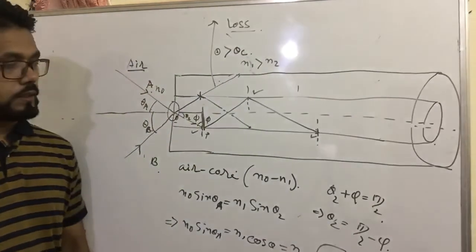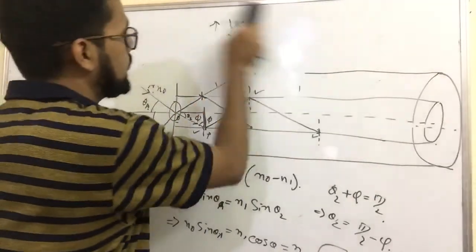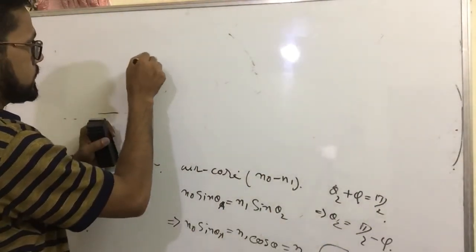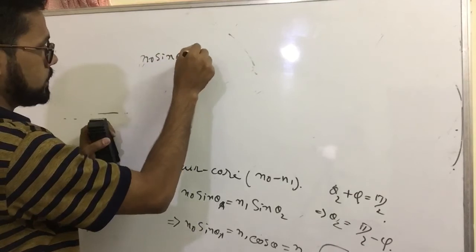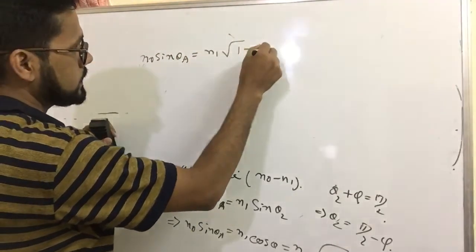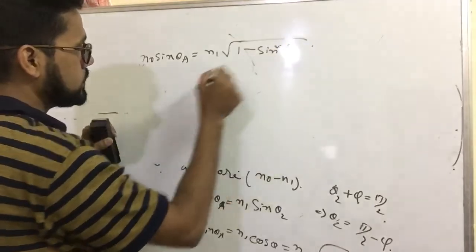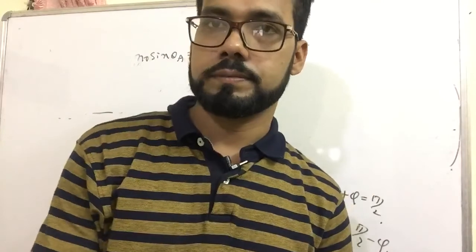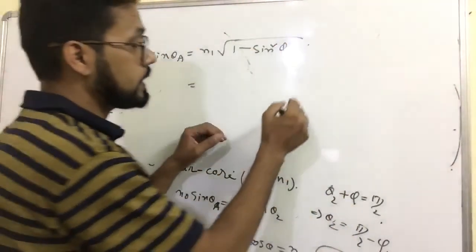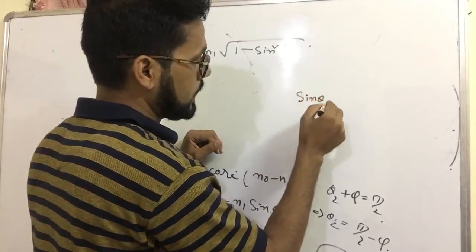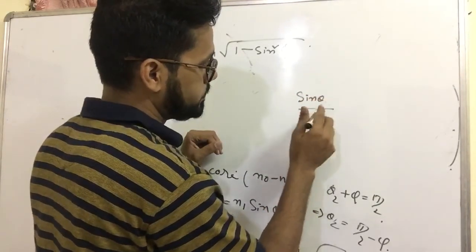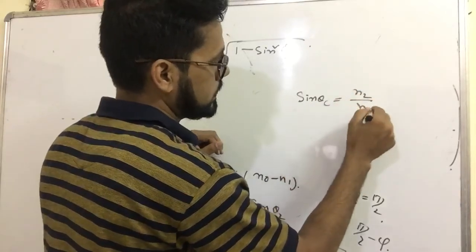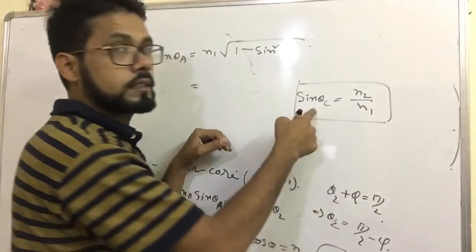I hope you understand this part. So N0 sin theta A is equal to N1 under root of 1 minus sin square phi. What is sin square phi? I have already derived this formula: sin theta C equals N2 by N1.